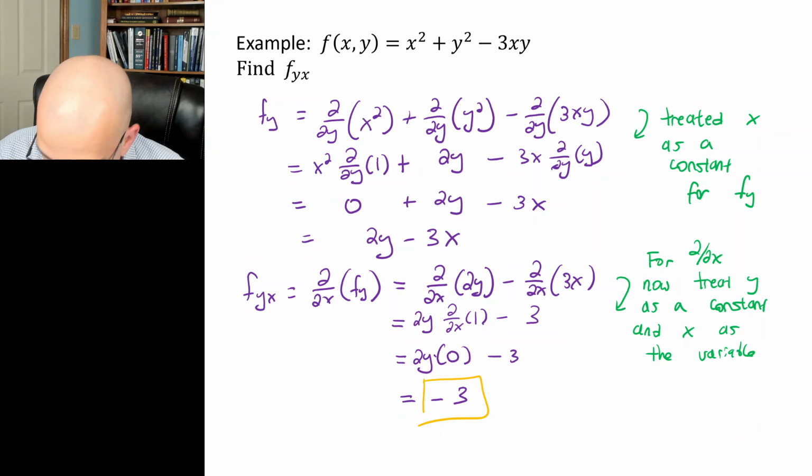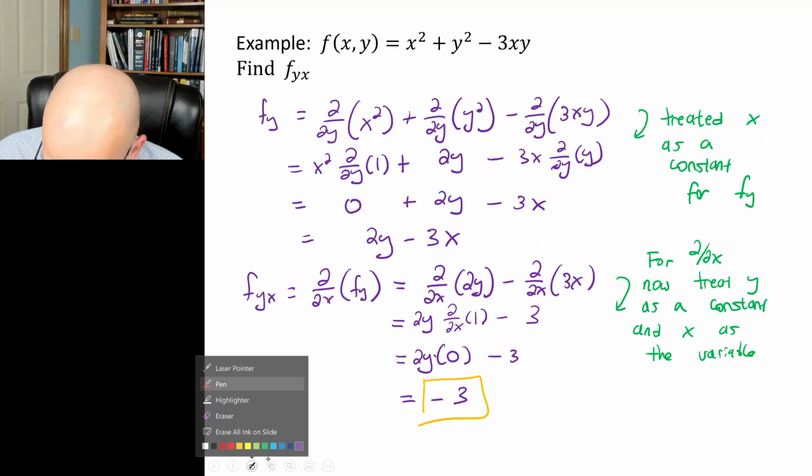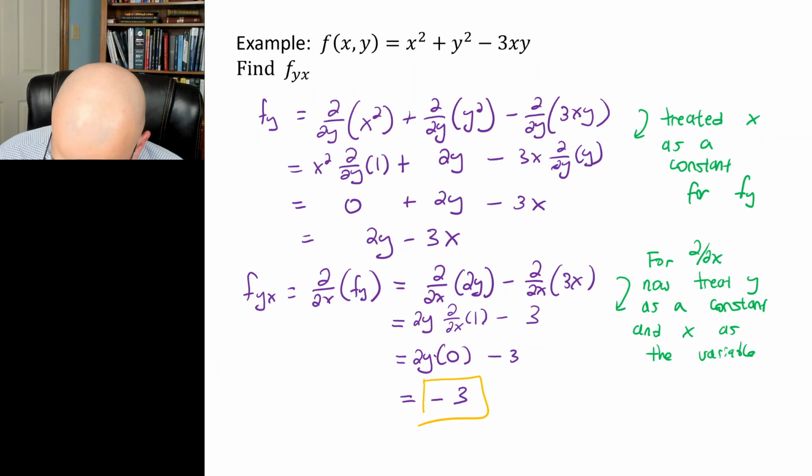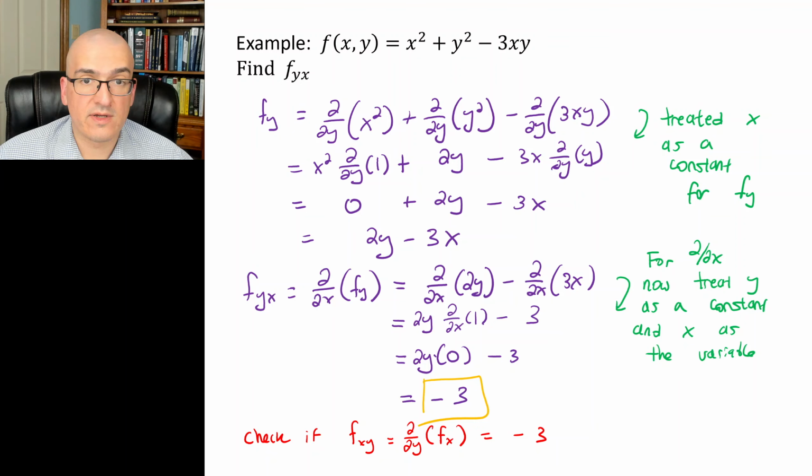What I invite you to do on your own is to check that f_xy is the same. Check if you take the x derivative first, so you get 2x minus 3y, and then take the y derivative of that, make sure you get negative 3, and you do. They'll always agree.